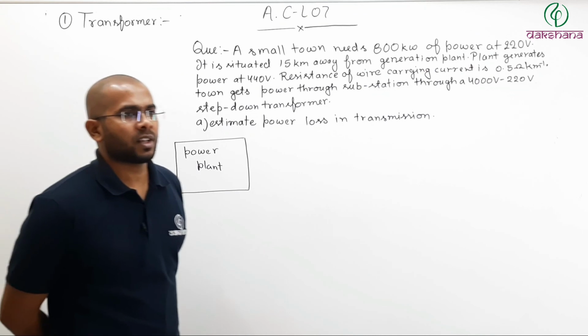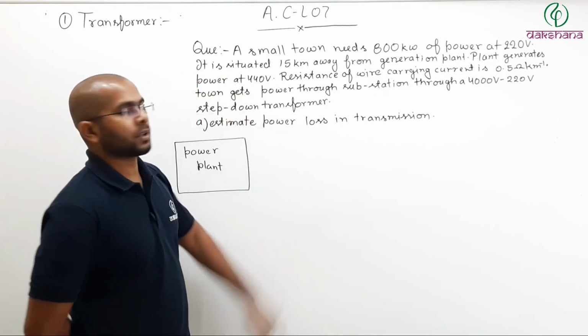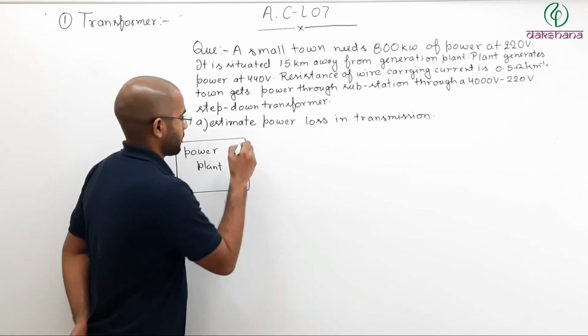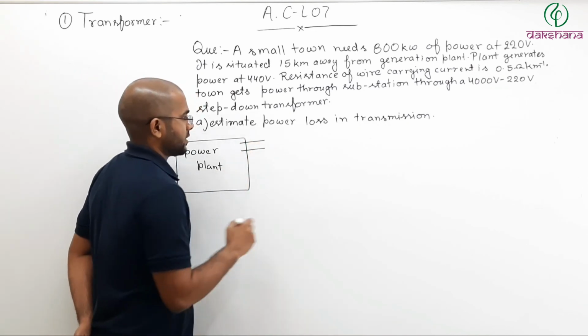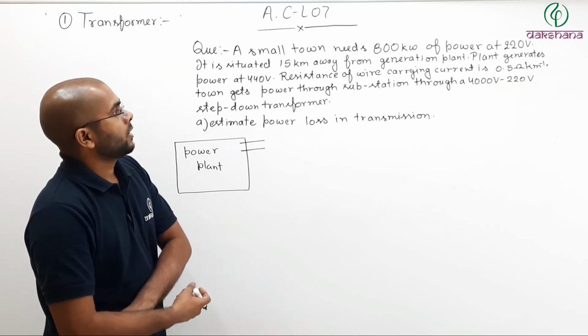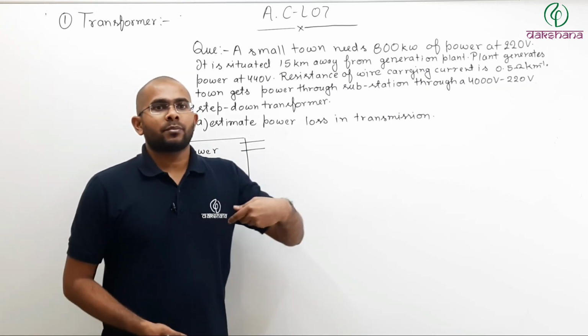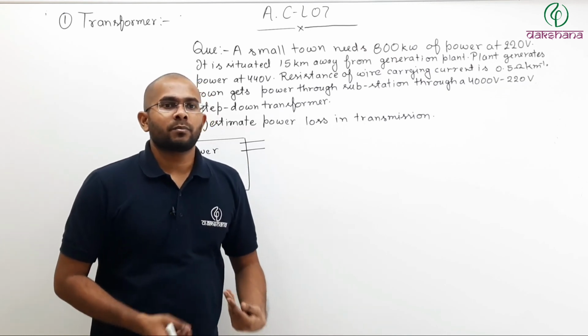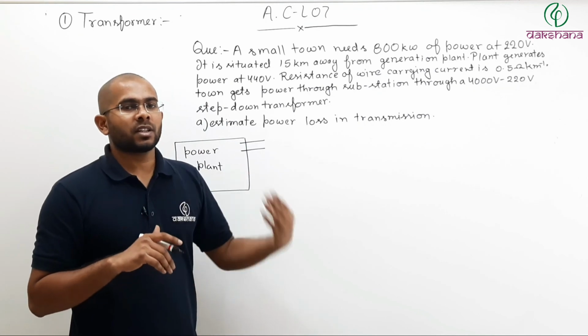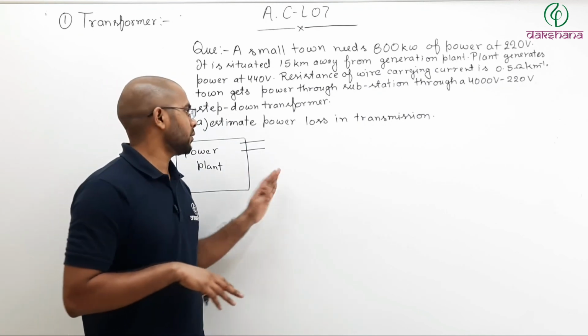Now this power plant generates power at 440 volt, meaning whatever power is generated, the EMF is 440. So here two wires are generated at 440. Now we know that before transmission, the voltage is stepped up, meaning transmission of the power is not done at 440.